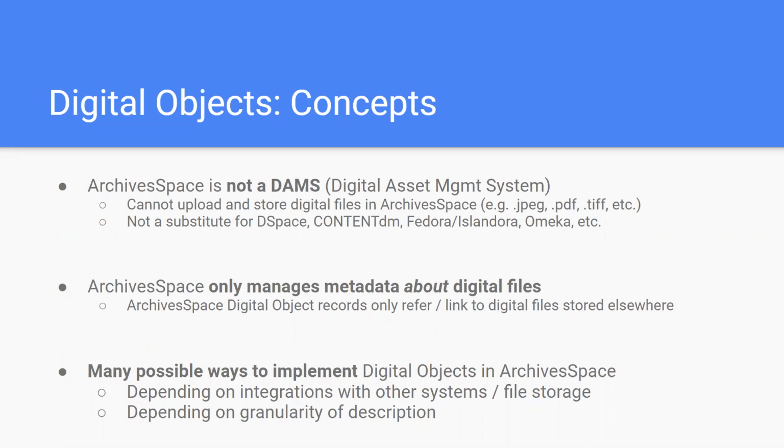So whether you want to describe an object at a single top level, or whether you want to have more complex digital objects where you model the structure of them in ArchivesSpace. And we'll see what that looks like in a minute when we talk about simple versus complex digital objects in ArchivesSpace.